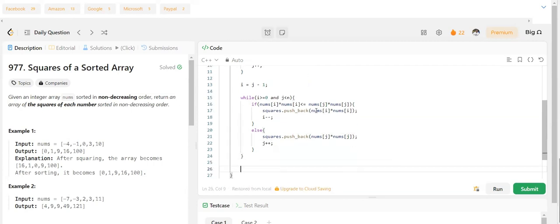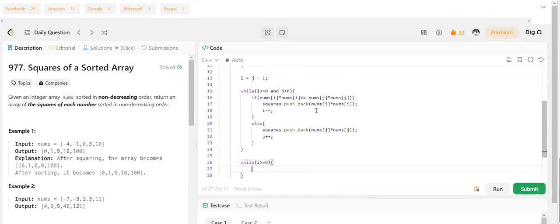So once we are done with either of the positive or negative numbers, and if either of them is remaining, we will push the remaining numbers. So suppose the square of the negative number is remaining, so we will run a while loop while i is greater than or equal to 0.